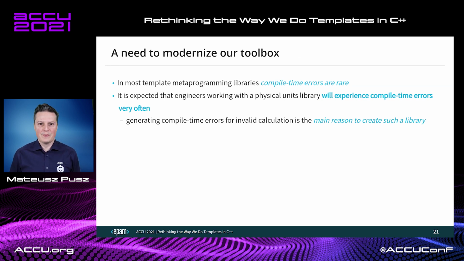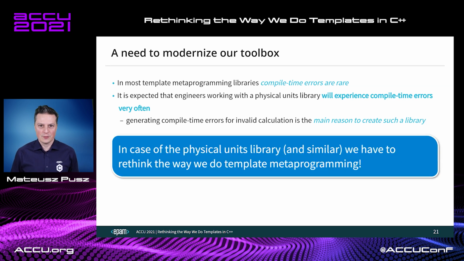This is actually the main cost to create such a library, just to generate those errors for the user, for the engineer working with physical units, to make sure everything is correct and consistent. And for such use cases, so for physical units libraries and similar, we have to rethink how we are doing template metaprogramming in C++. And this is how the title of this talk originated.